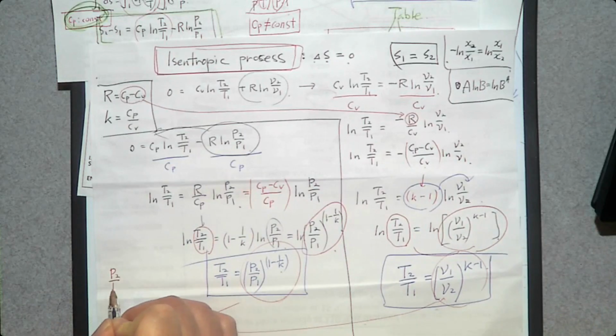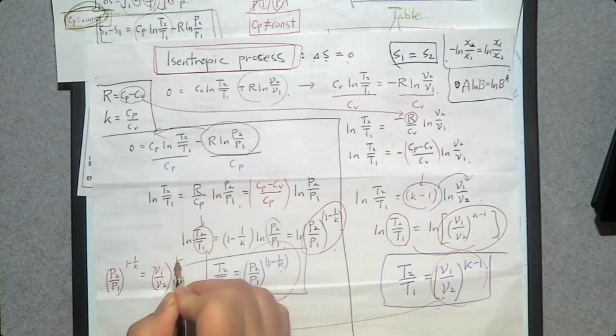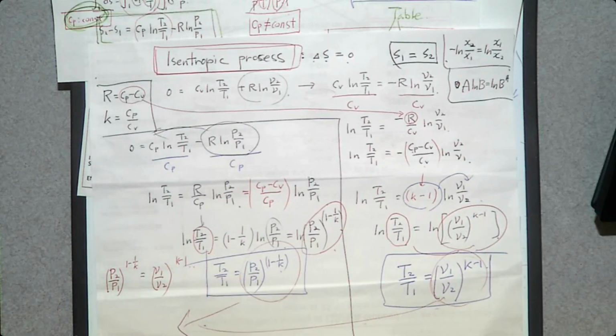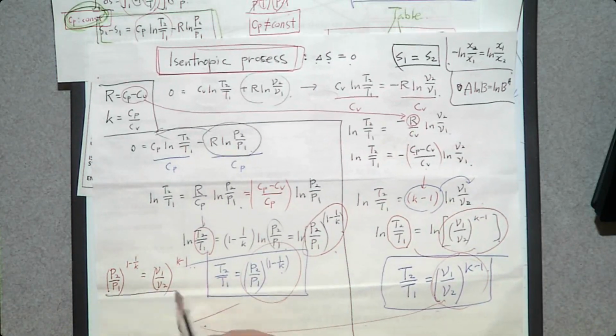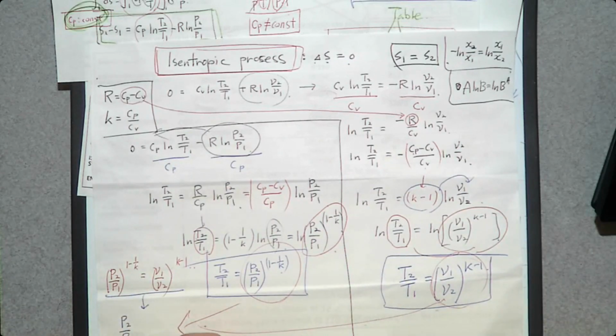P2 over P1 to the power 1 minus 1 over kappa is going to be this one, V1 over V2 to the power kappa minus 1. Then you can simplify this equation. Then you get P2 over P1 is V1 over V2 to the power kappa.